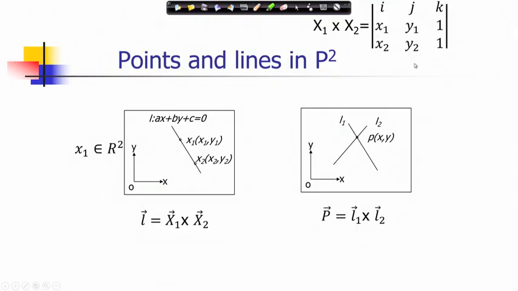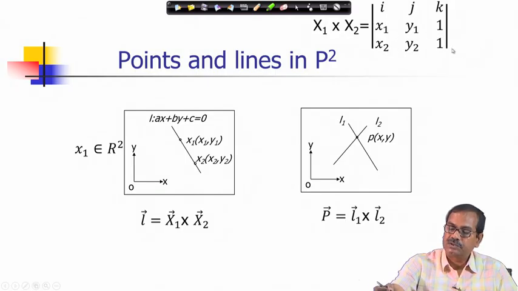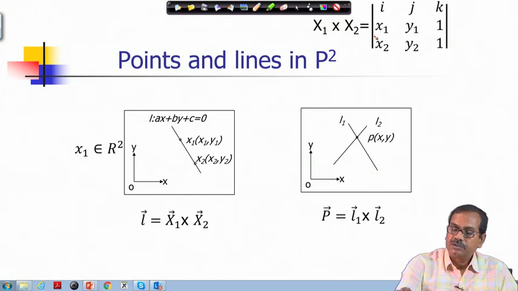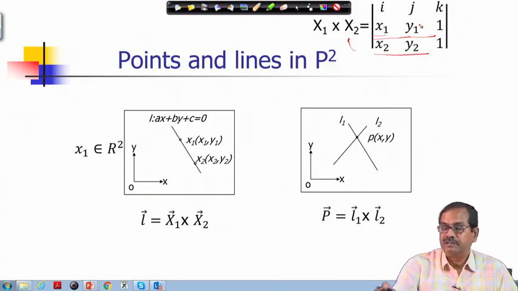Here you should note how the cross product of 2 vectors is defined. This is the usual mathematics that we learned in our school book. You should see that these are the coordinates corresponding to point x1, and these are the coordinates corresponding to point x2, once we define the cross product of 3 vectors in this particular form.